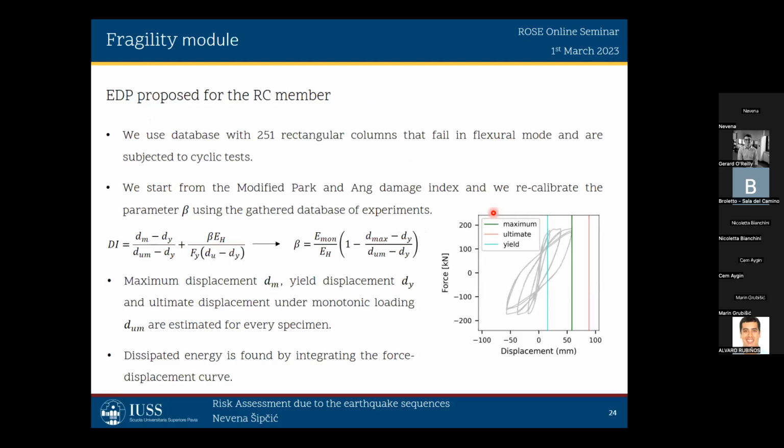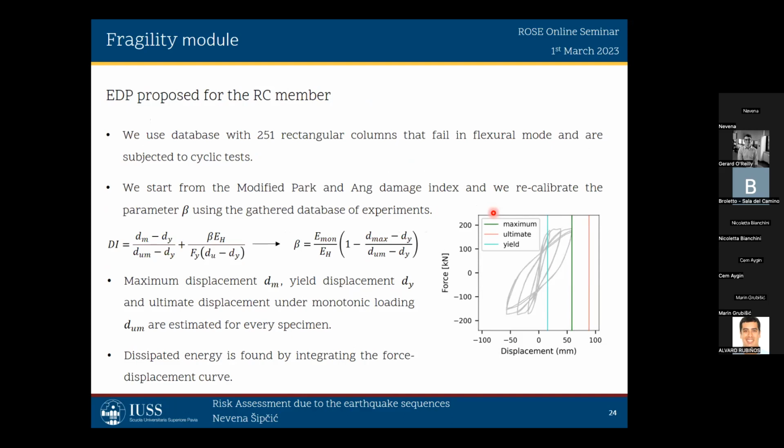For this presentation, I'm going to show what we are doing for the reinforced concrete columns that fail in flexure. We gathered the experimental data: we have 251 rectangular columns failing in flexure. We started from the modified Park-Ang damage index as an EDP.